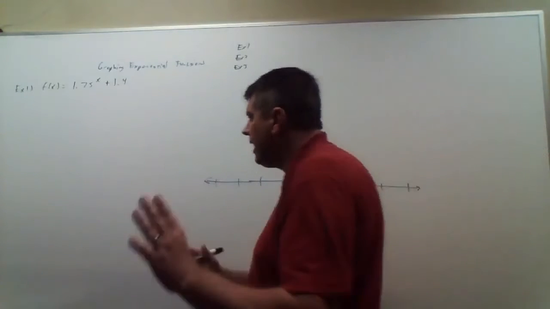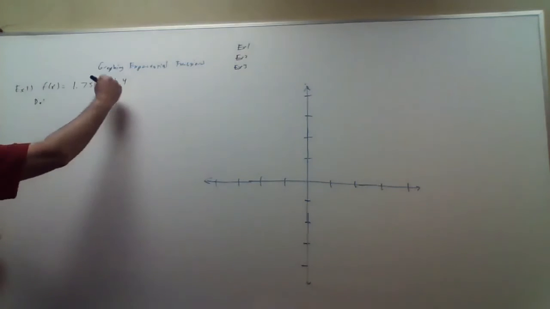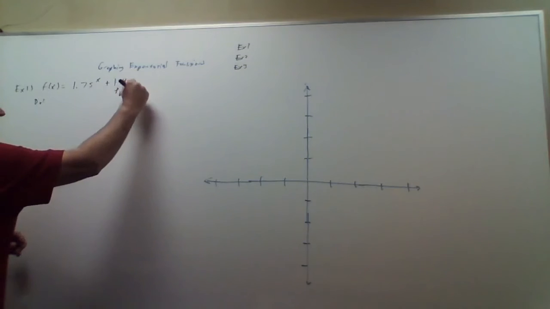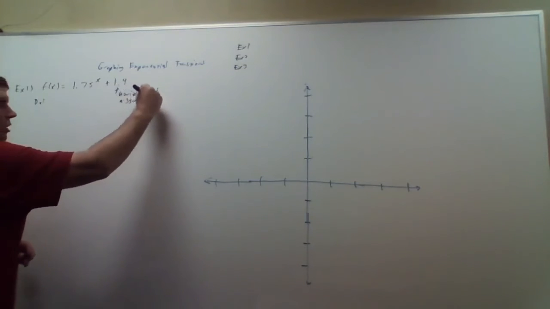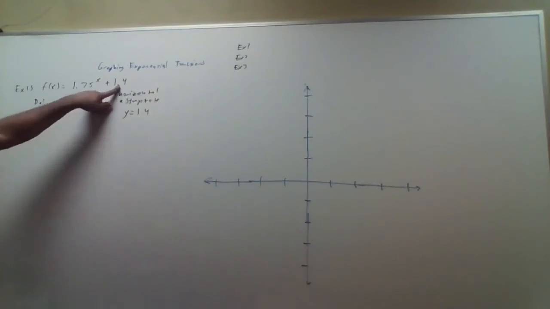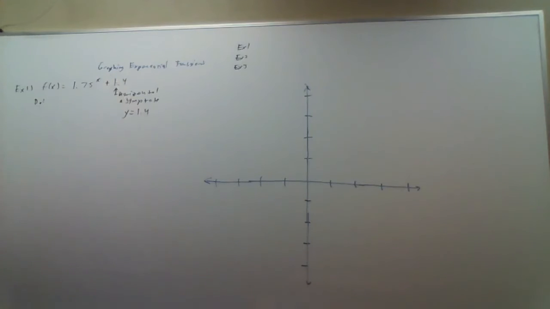First of all, we're going to notice that there's going to be a horizontal asymptote at y equals 1.4. There's a constant, that is the horizontal asymptote.